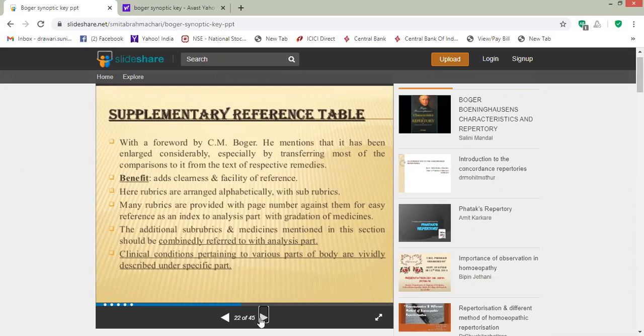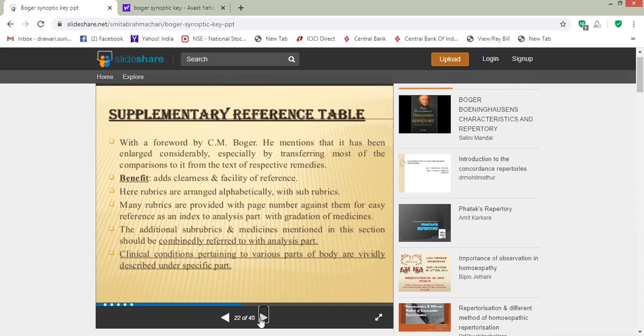The benefit of this supplementary reference table is that it adds clearness and facility of reference. Here rubrics are arranged alphabetically with subrubrics.